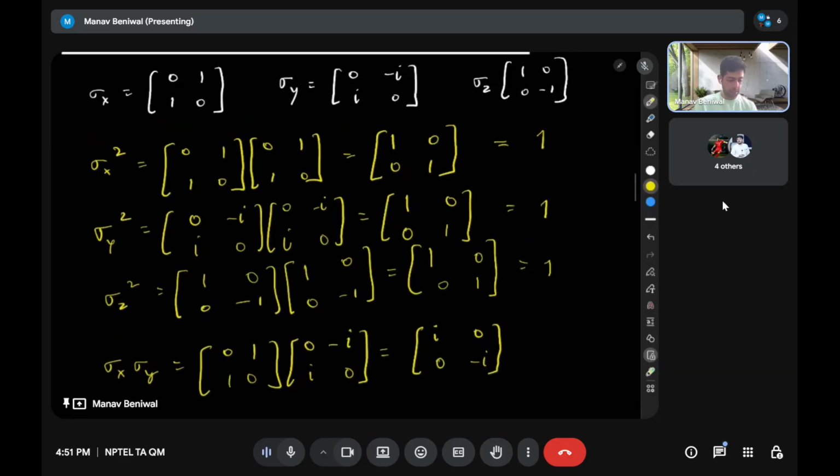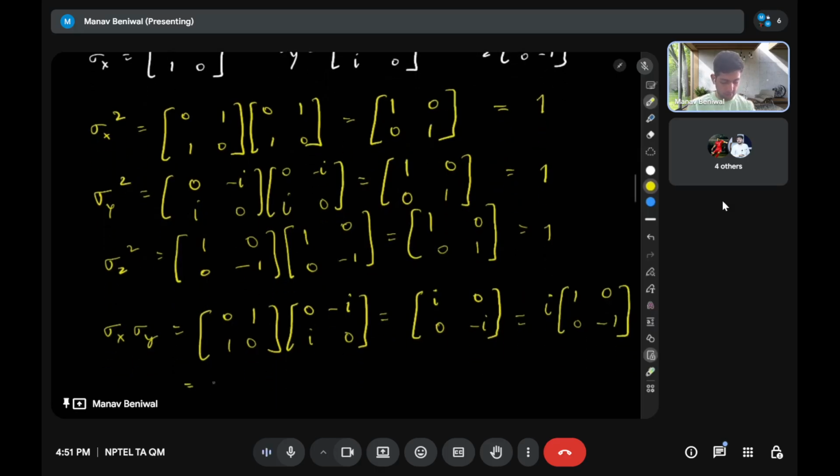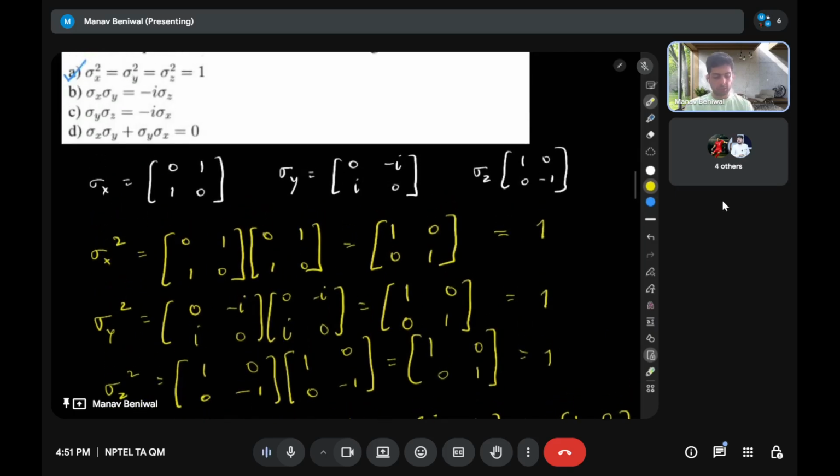If we take iota outside, we will have 1 0 0 minus 1, and this is nothing but sigma z. So this is equal to iota times sigma z. In option B there is an extra negative sign, so this is incorrect.